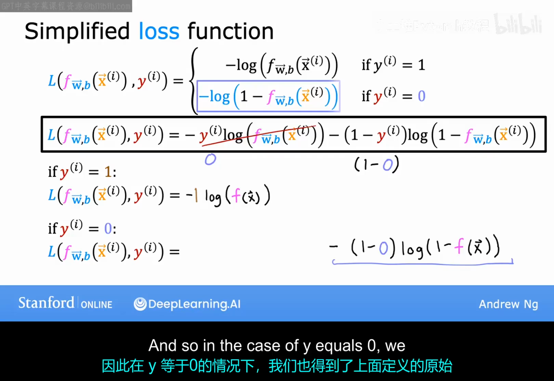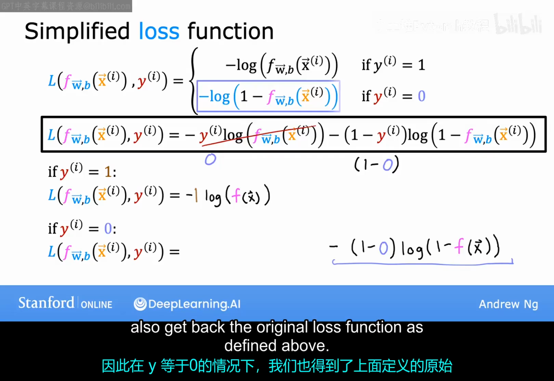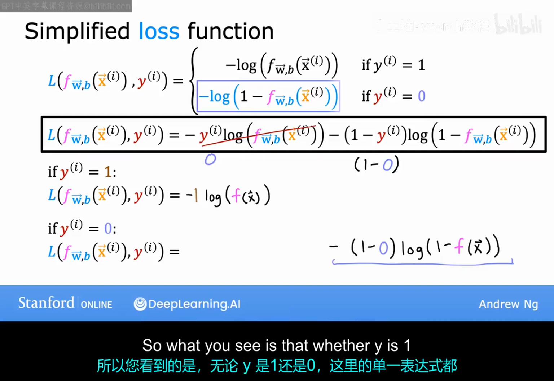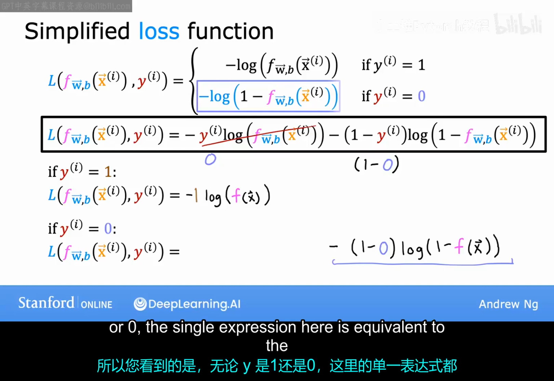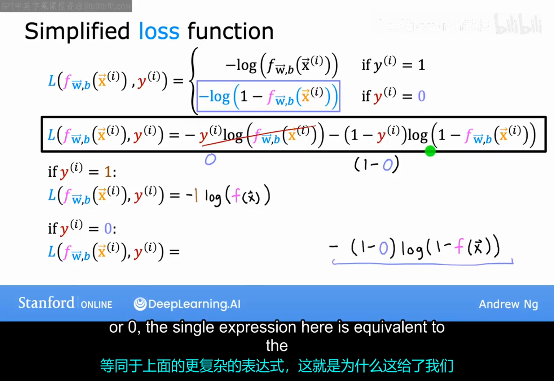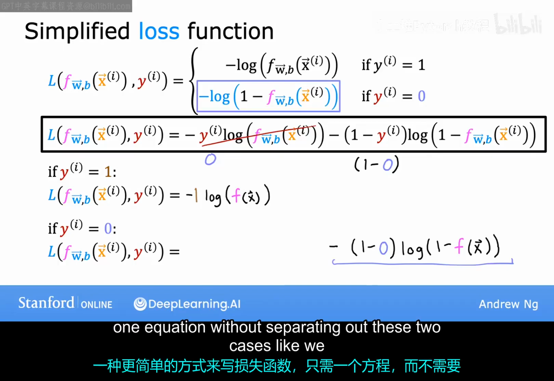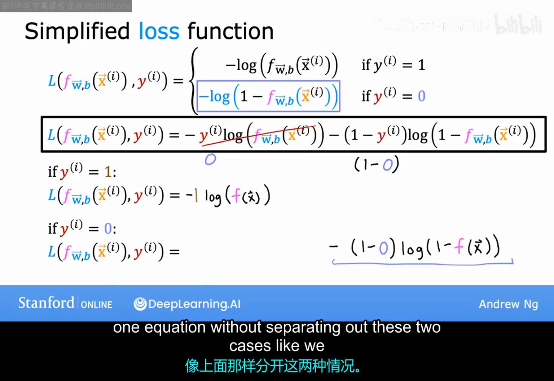And so in the case of y equals 0, we also get back the original loss function as defined above. So what you see is that whether y is 1 or 0, the single expression here is equivalent to the more complex expression up here, which is why this gives us a simpler way to write the loss with just one equation without separating out these two cases, like we did on top.